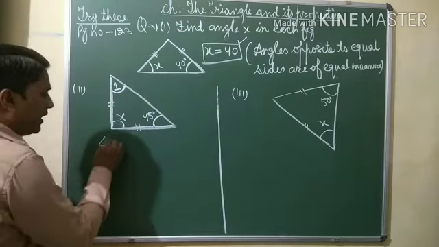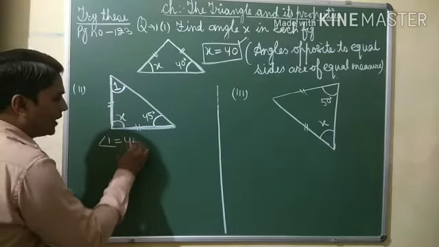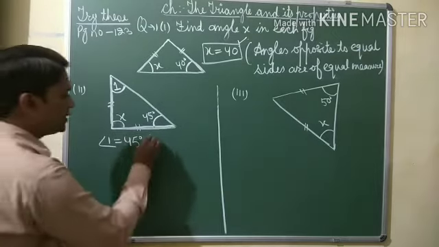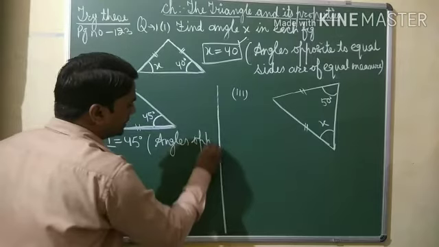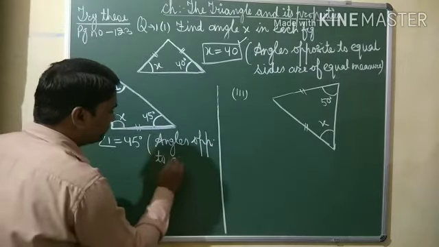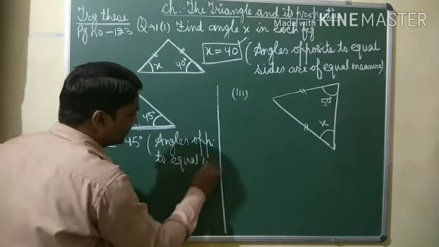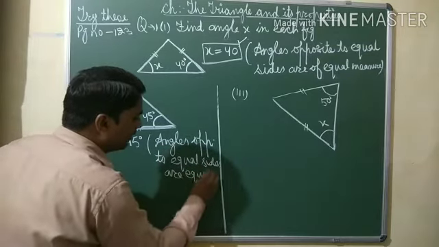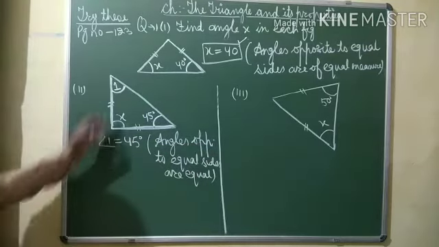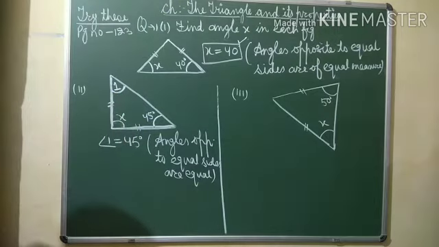Therefore angle 1 will also be equal to 45 degree because angles opposite to equal sides are of equal measure. Therefore angle 1 is equal to also 45 degree.